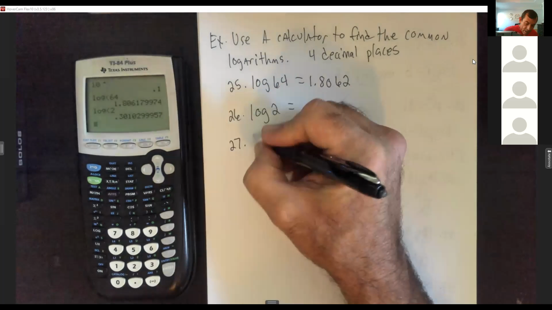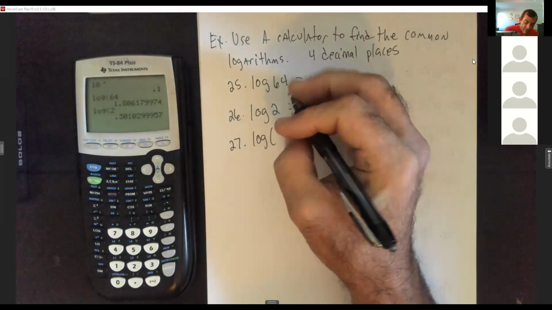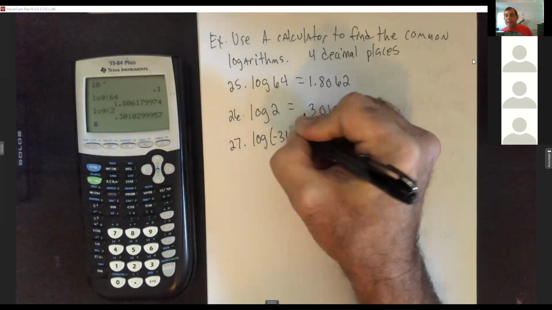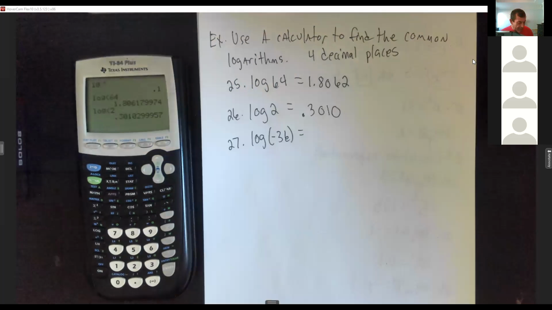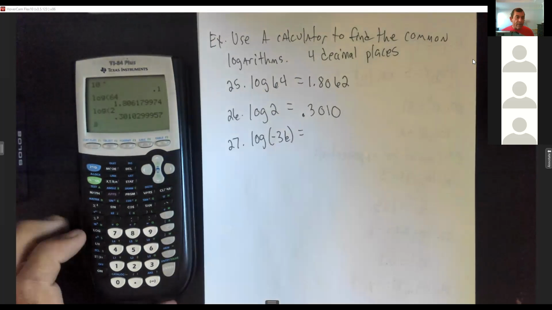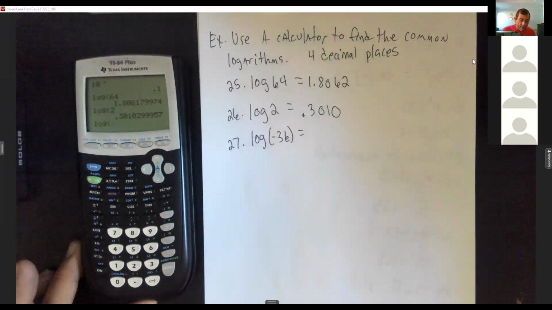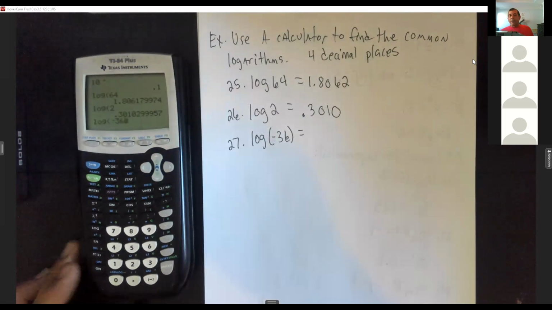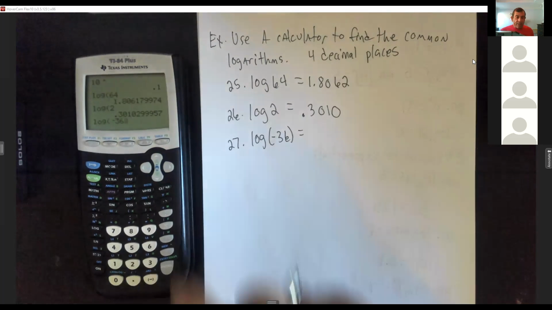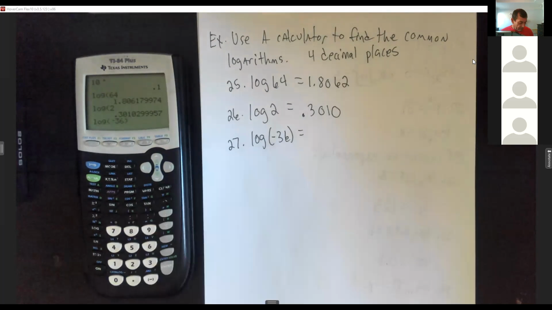Log of negative 36. So punch that in and see what I get. There's my log. Then y'all are punching in that negative 36, right? Mhm. Gives me an error. Oh.